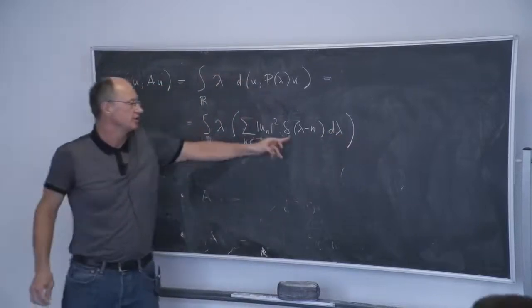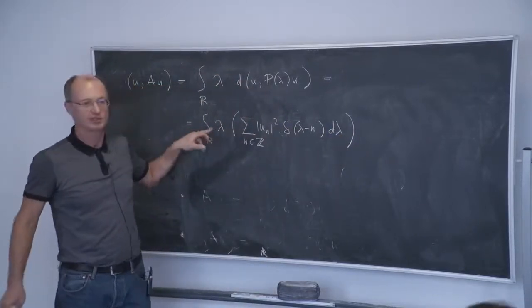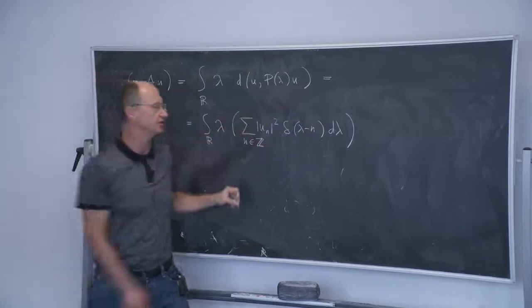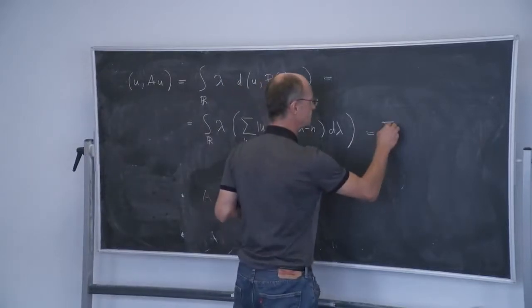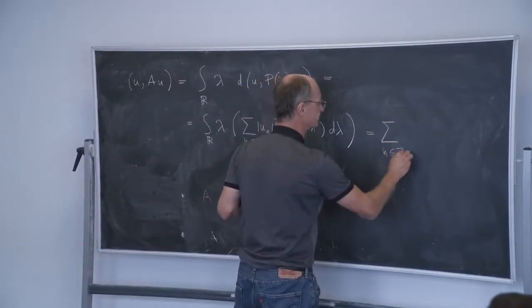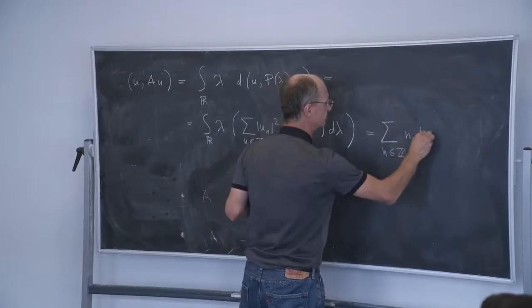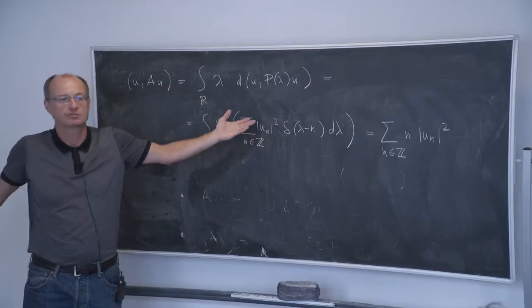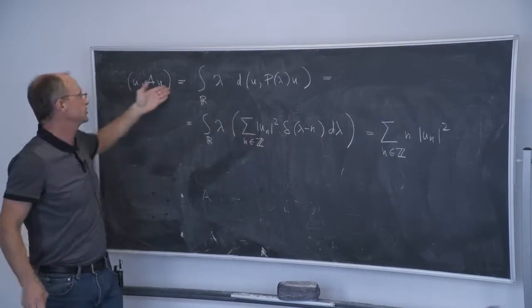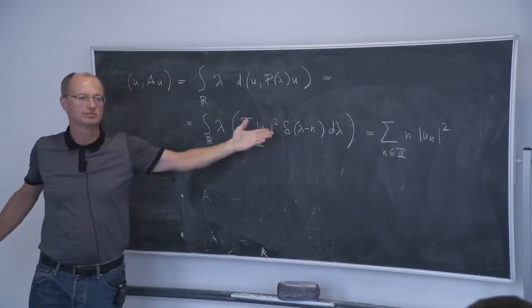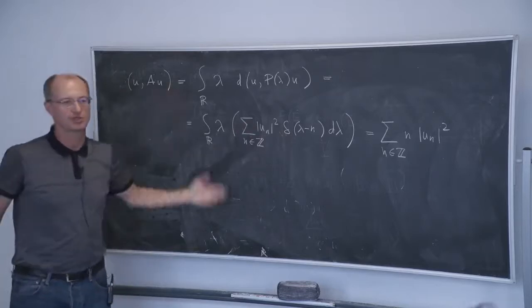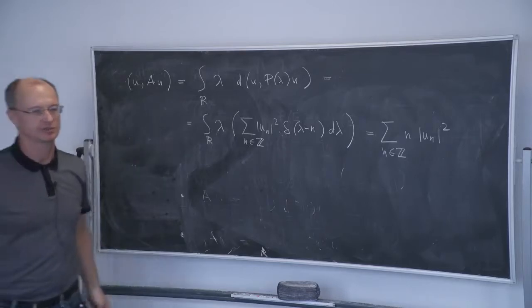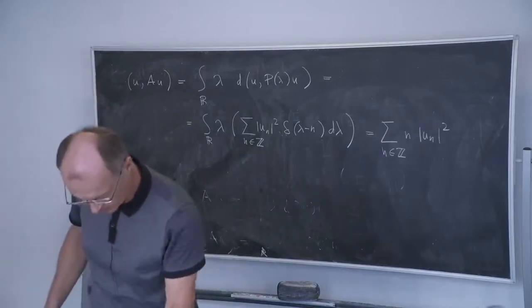And of course, each atomic measure simply evaluates this function at lambda equal to n. This is by definition of the atomic measure. And that's the expression that you expect, the expression that we already know to be true. Just to tell you how the spectral theorem in this case reproduces the result that we already know.